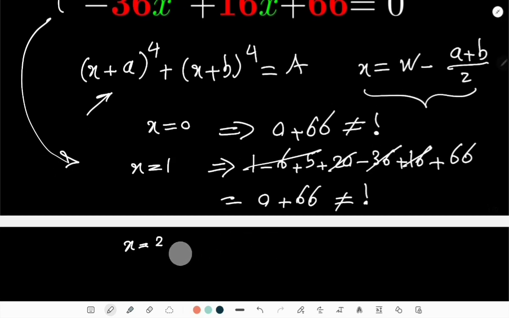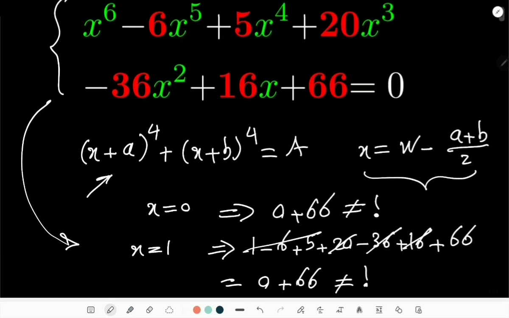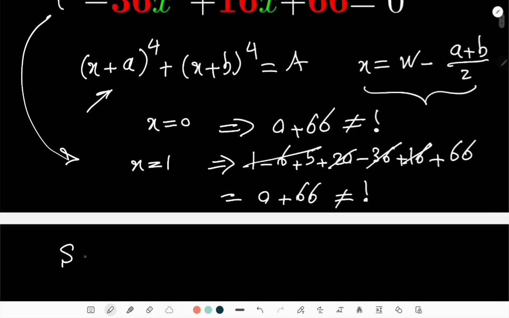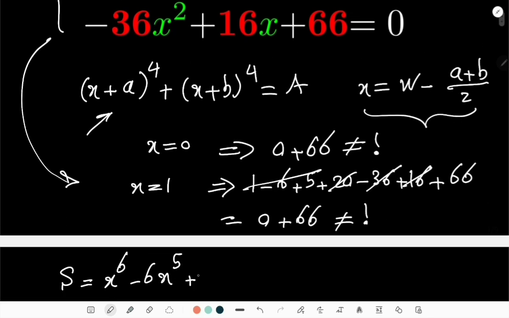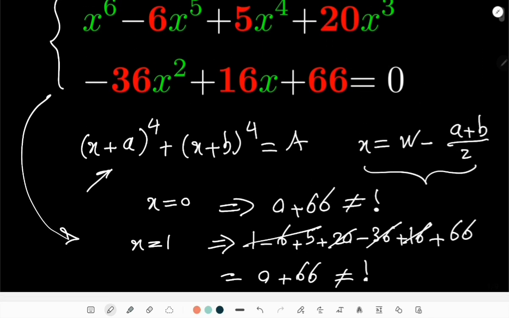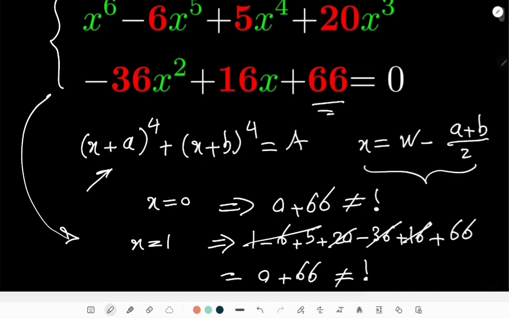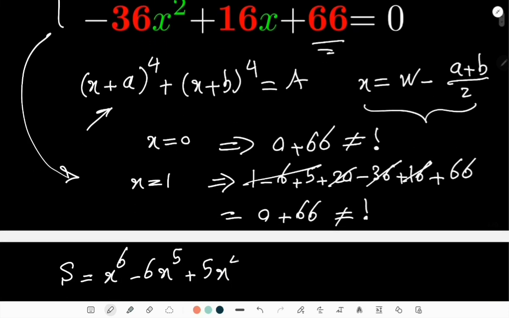But my point is, let us take s to be x to the power of 6 minus 6x to the power of 5 plus 5x to the power of 4 plus 20x cubed minus 36x squared plus 16x, just the first part of it, except for the last one.